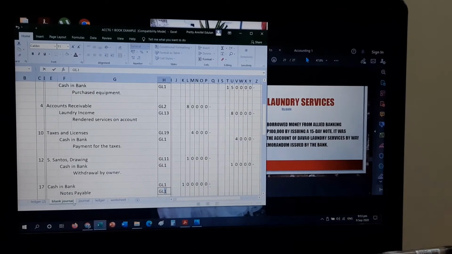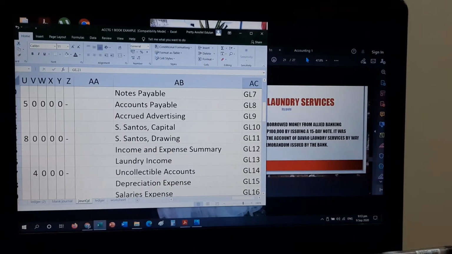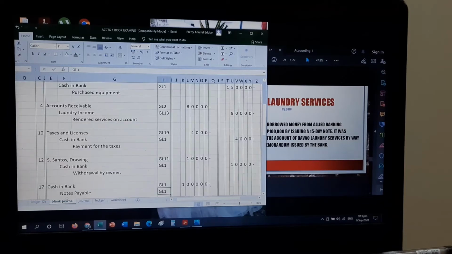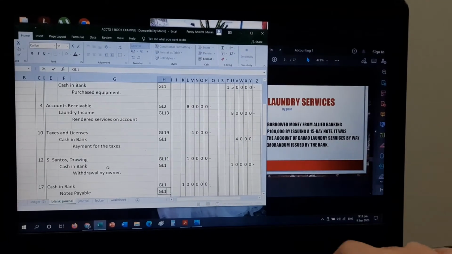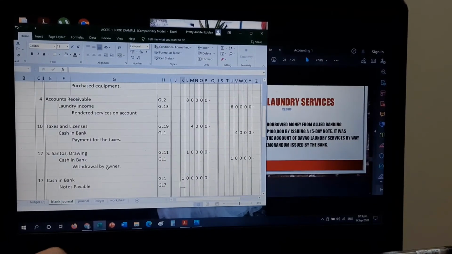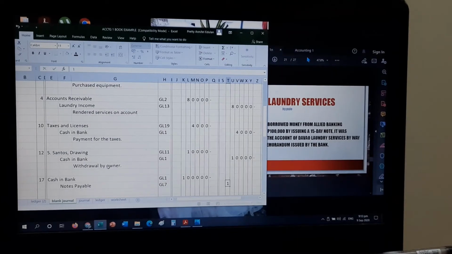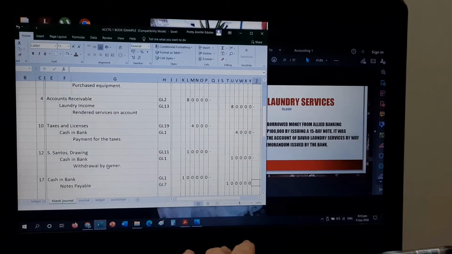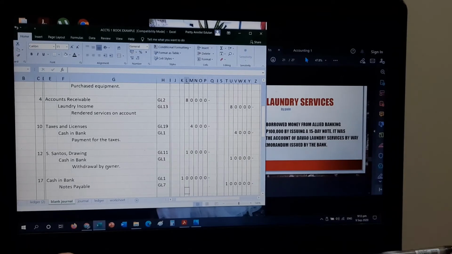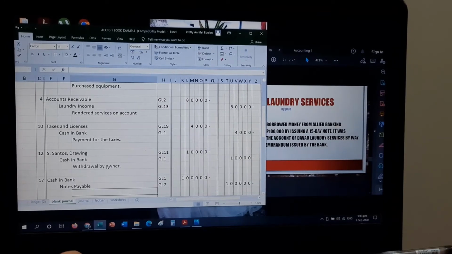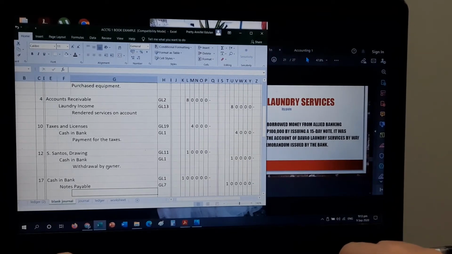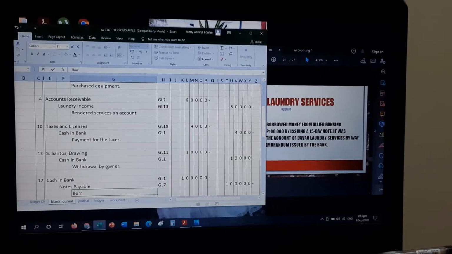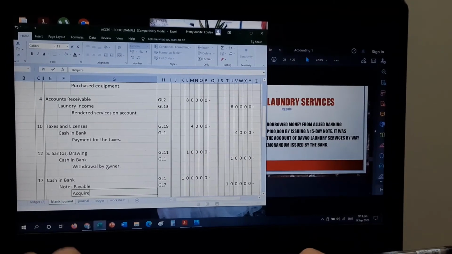This is GL 7. 100,000. So in this case, this is a borrowed, acquired loan from the bank.